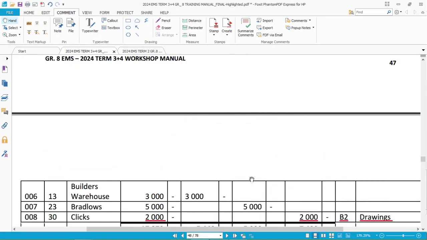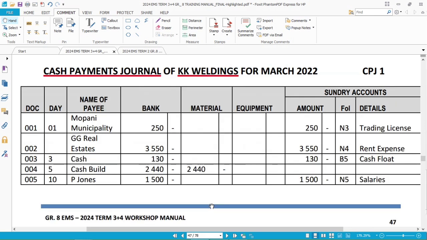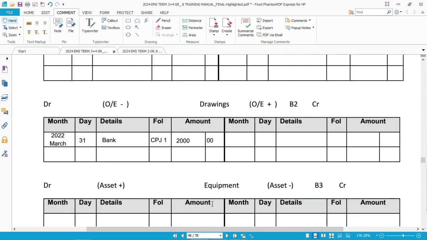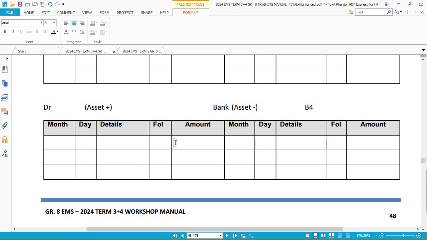My CRJ tells me that bank has increased by 64,750. I don't have any opening balances here because my business just began.